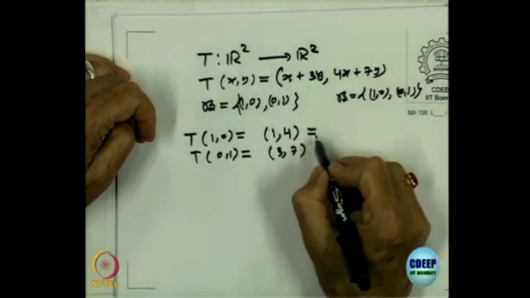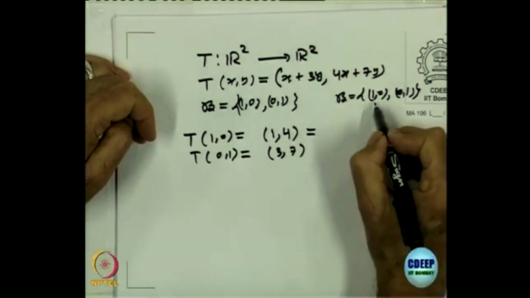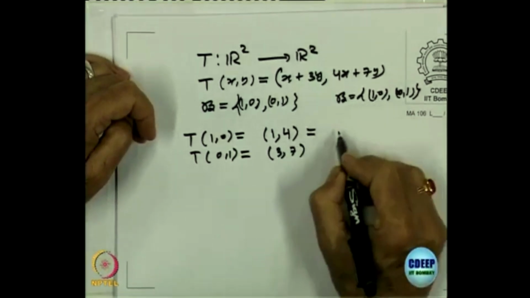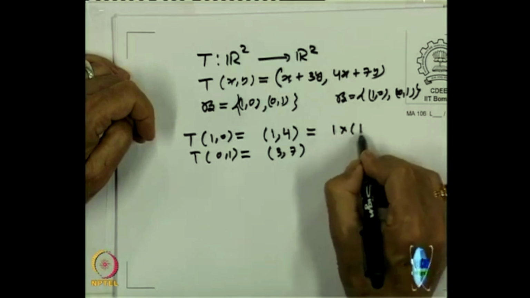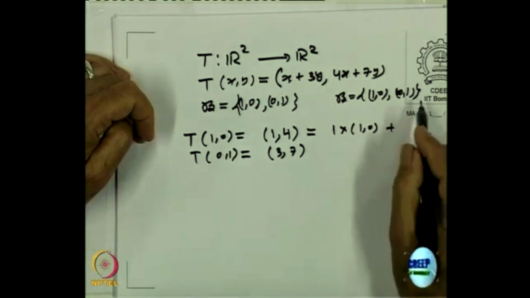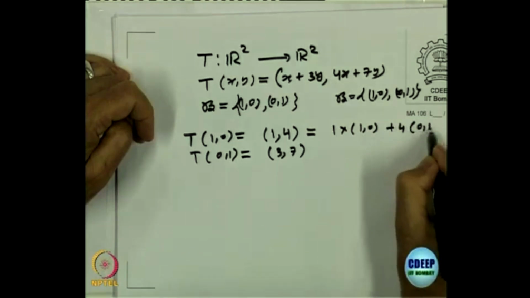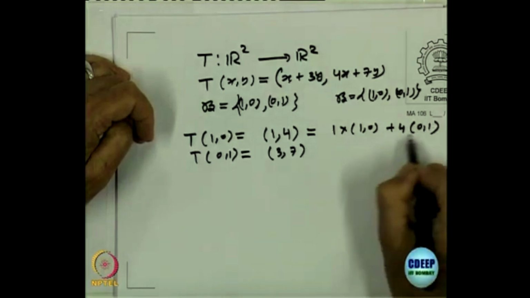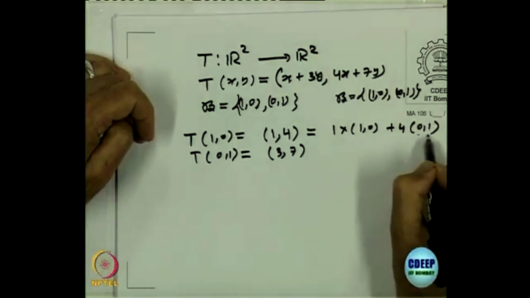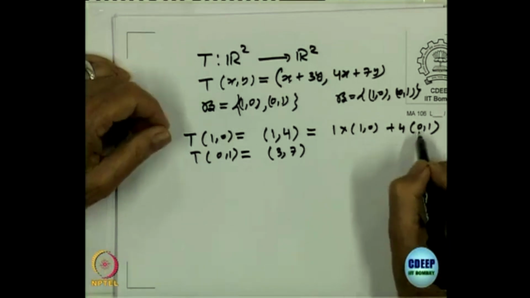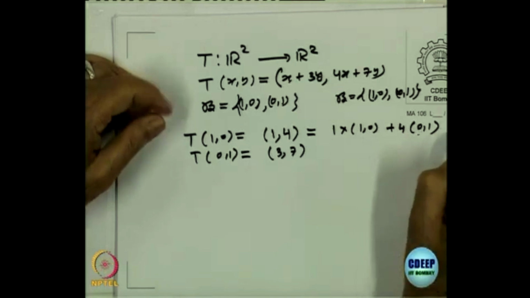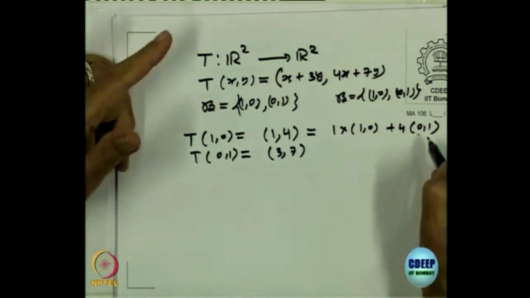So I should write this as a linear combination of the basis elements there. That is simply 1 times (1, 0) plus 4 times (0, 1). This has become simpler because I have taken the standard basis. Otherwise, I would have to write alpha times this plus beta times that, and solve those two equations to find the values of alpha and beta.